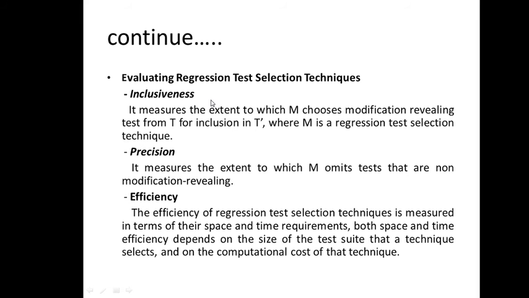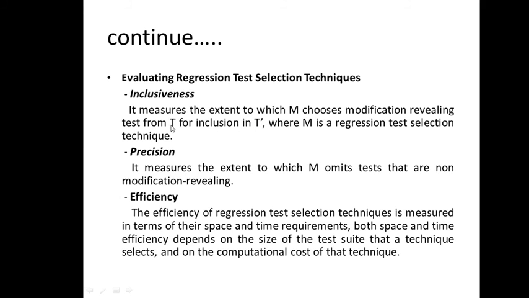Now, since we are done with the techniques, we must evaluate also. There are three parameters to evaluate these selection techniques: inclusiveness, precision, and efficiency. What is inclusiveness? It measures the extent to which M chooses modification revealing tests from T for inclusion in T dash. From the test cases T, you have to identify a subset T dash.